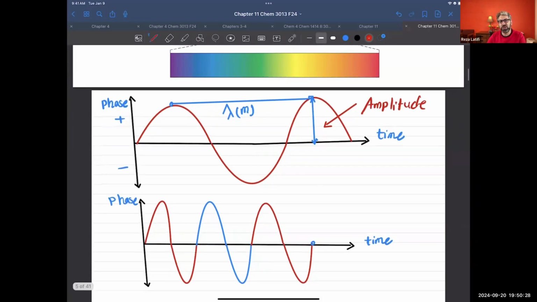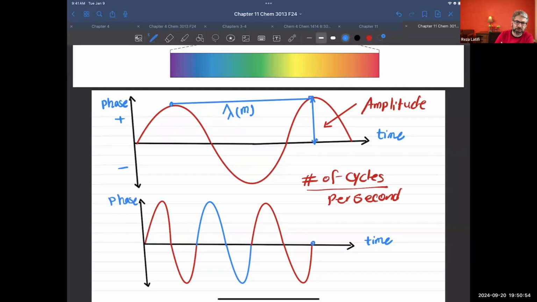Next, the number of cycles that pass one specific point in 1 second represents frequency. So frequency is the number of cycles per second. Let's count the cycles. I want you to be careful about the slope of each wave.